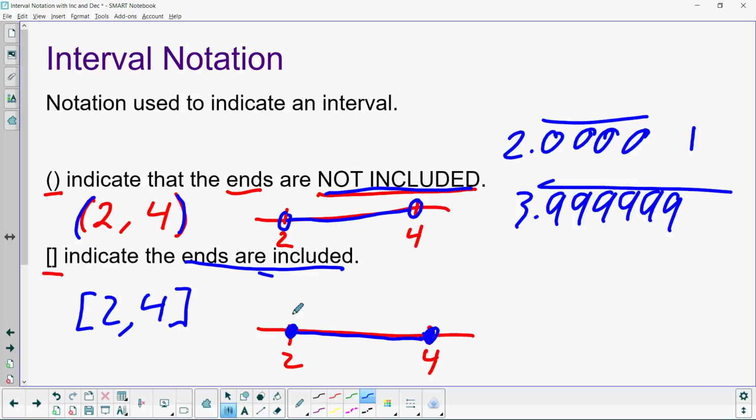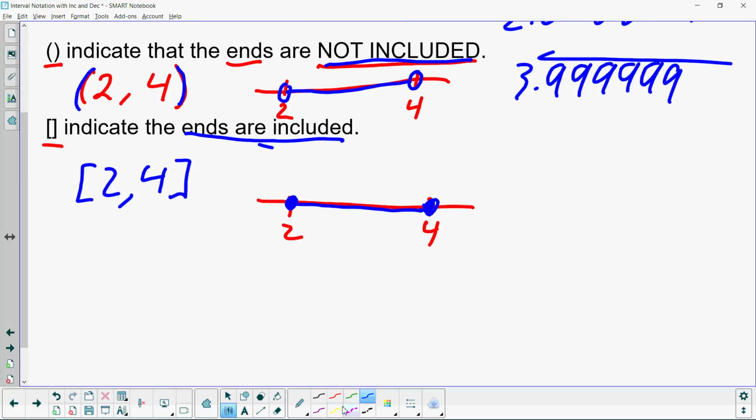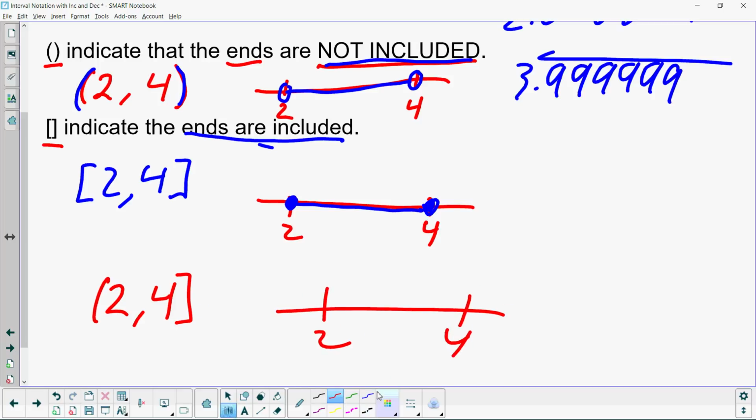It is possible to have a combination of those. You are allowed to have something like 2 to 4, where the 2 has a parenthesis and the 4 has a bracket. That would look like this, where we have an open circle on the 2. We're not including the 2, and we are including the 4. Okay, so that's interval notation.